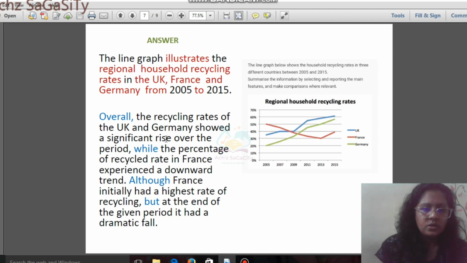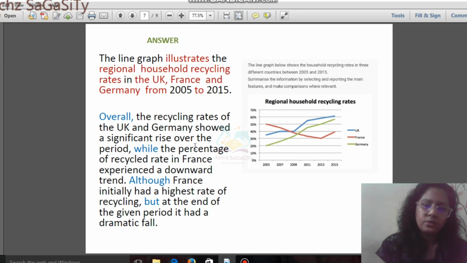Then after that you can check the starting and ending period. So here you can see in the starting period, France had the highest rate of recycling, but at the end of the time it went below the other two countries. That means the remaining two countries overtook the rate of France. So we need to mention that also in our overview.